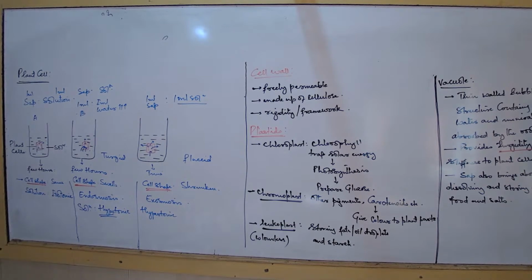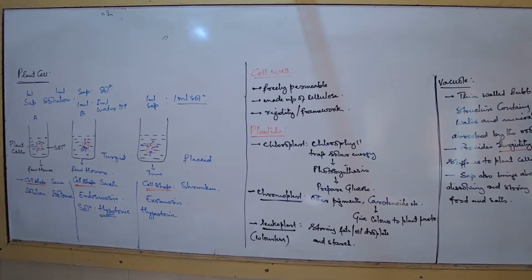Remember, isotonic, hypertonic, hypotonic are relative terms. Relative, what does that mean? Whenever we are comparing. So if you write the definition like this: isotonic solution, a type of solution which has equal concentration of water and solute. Full stop. Will you get marks for this answer?